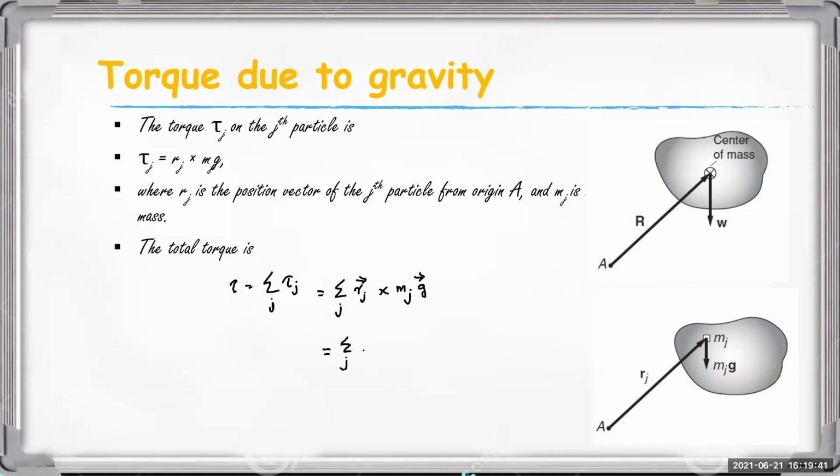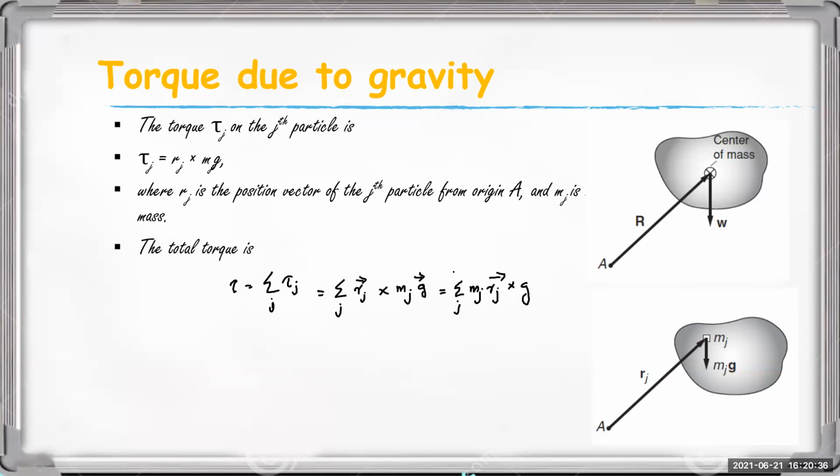Then I write summation j mj rj cross g. So this is written as summation j mj rj cross g.